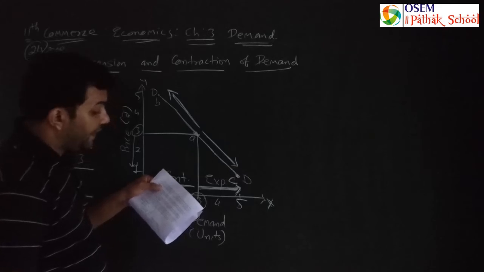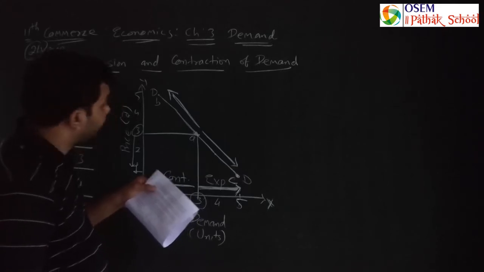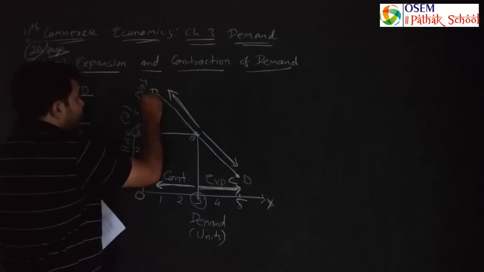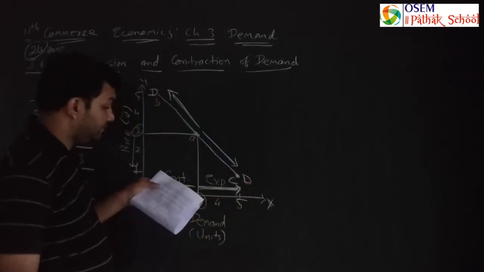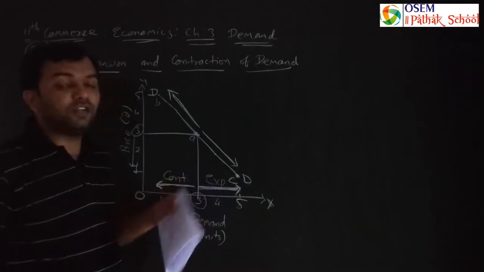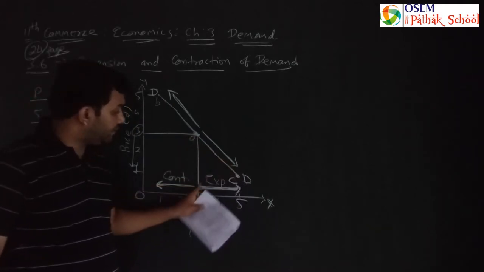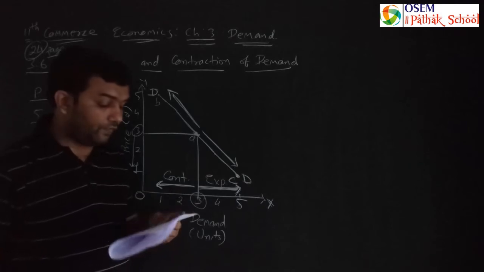Then it is said the movement from point A to C on the demand curve dB is called expansion of demand. Here I mentioned the demand curve name, that is dB. So this movement is called expansion of demand.